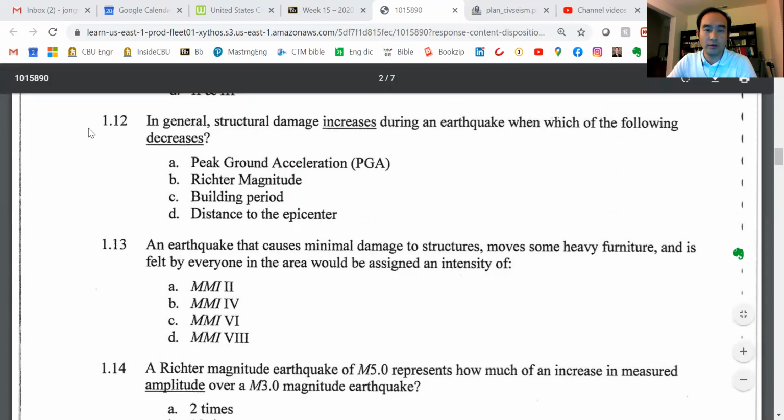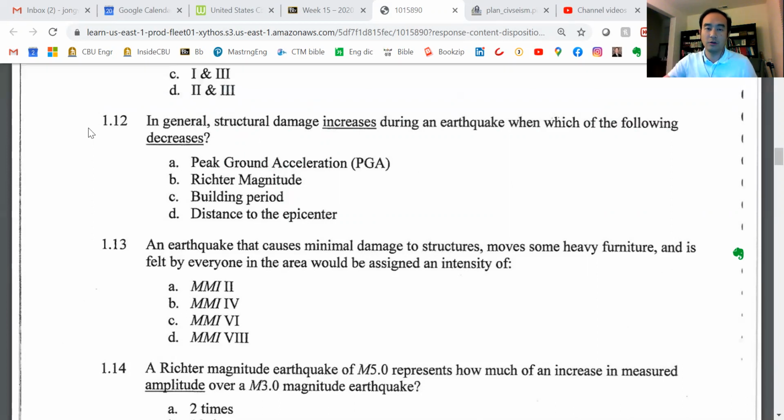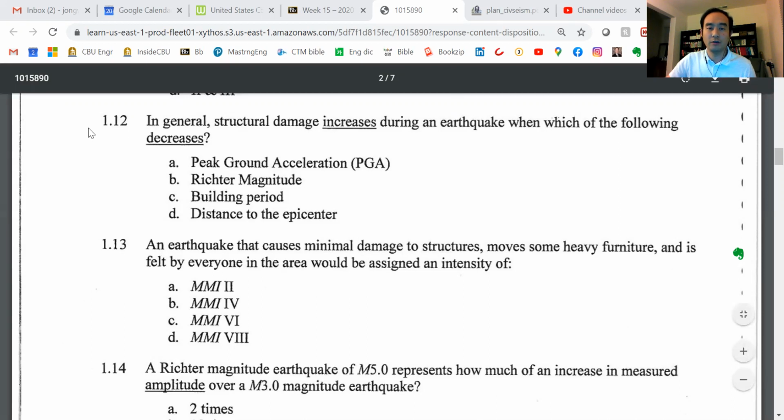So when peak ground acceleration decreases, that means the magnitude of the earthquake is getting smaller, which doesn't make any sense. Richter magnitude is kind of similar. When we have a smaller magnitude, we expect smaller damage, right? So damage is going to decrease, not increase. So it's not the answer either.